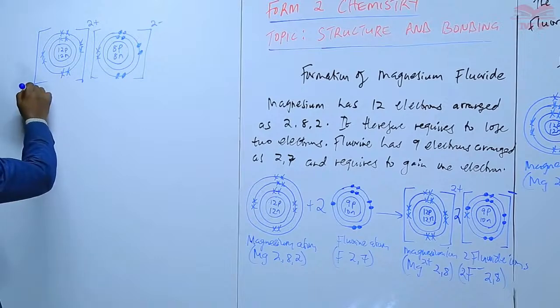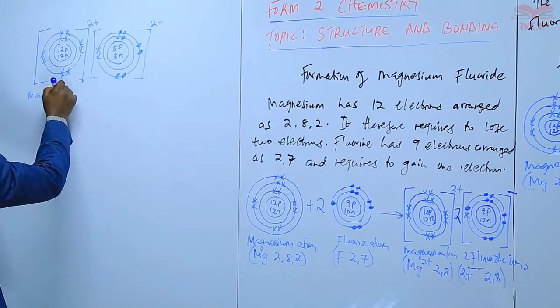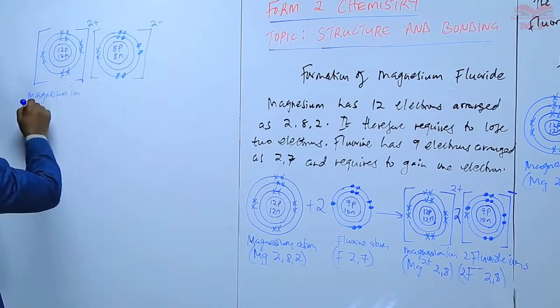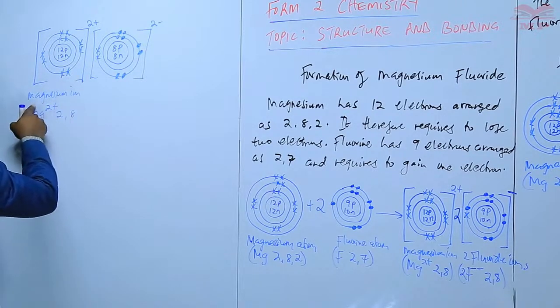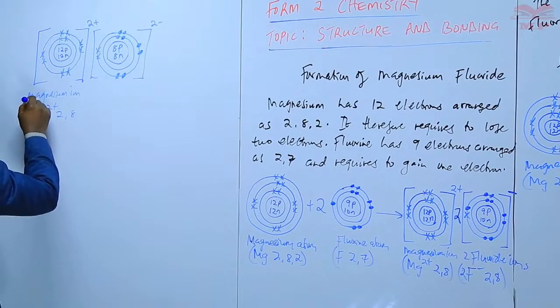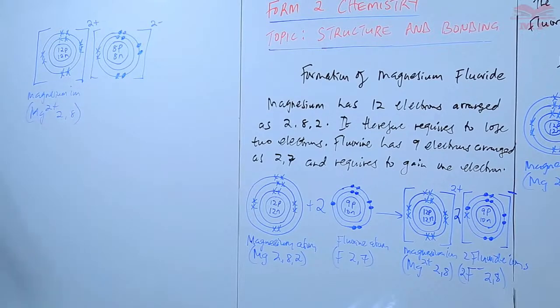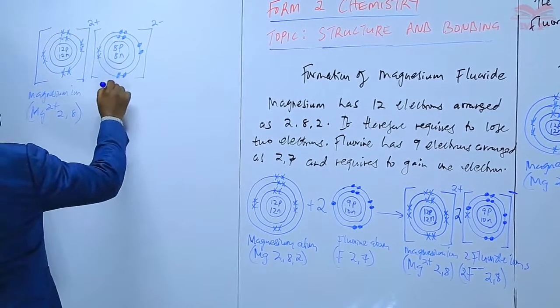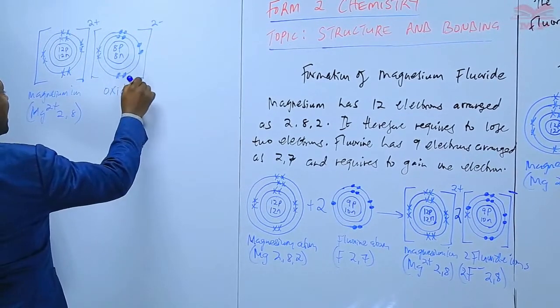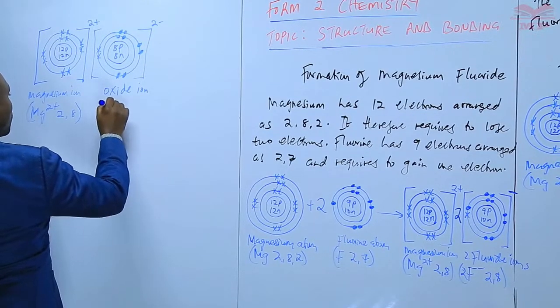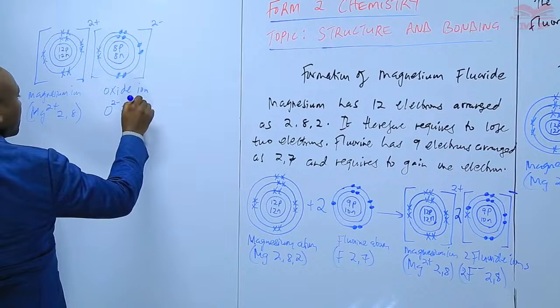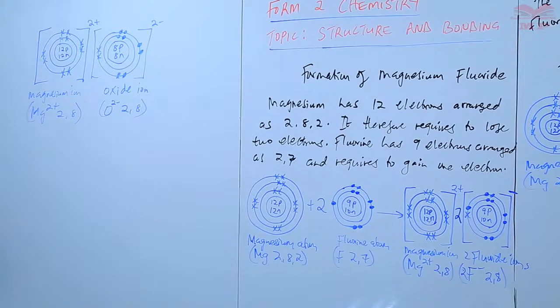So this is a magnesium ion, Mg 2 positive. The arrangement is 2, 8. Oxygen forms an oxide ion, so O2 minus, like that.